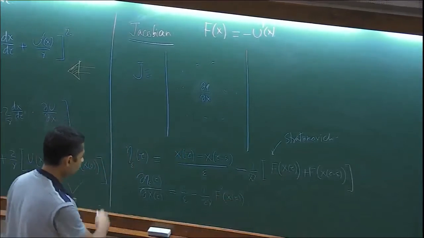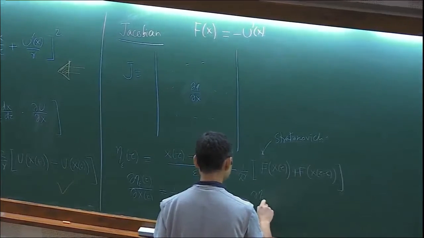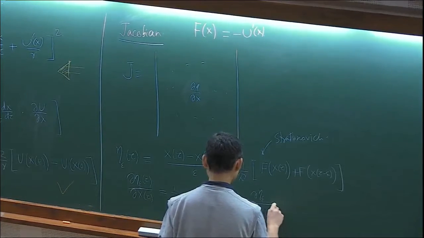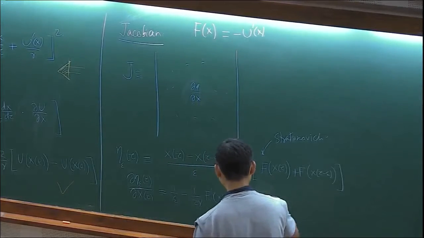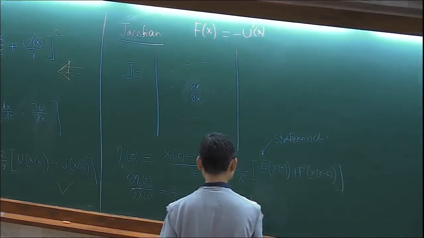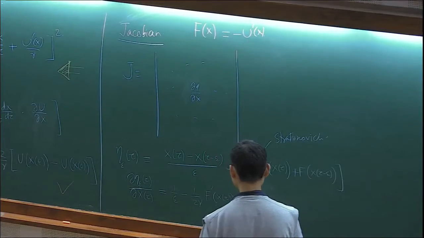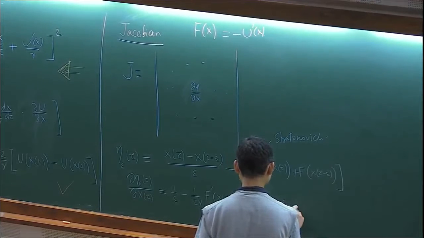So similarly, this other one, okay, let's just write down this one again. So this one, let's just take out 1 over epsilon outside. So what I have is 1 over epsilon times 1 minus epsilon by 2 gamma f prime.